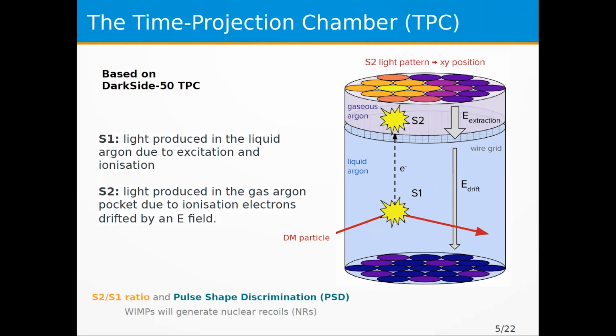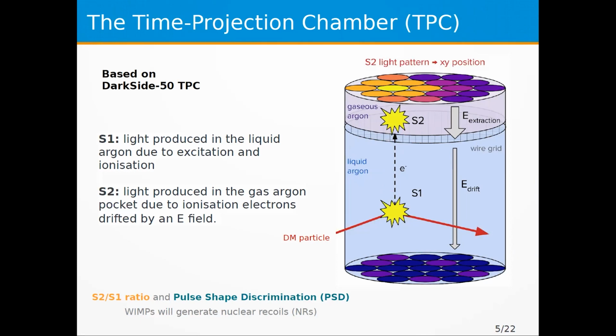Then those electrons that survive recombination are drifted up to the anode here. There is a drift field in the whole TPC chamber, and they are extracted at the border between the liquid phase, which is here, and the gas phase, which is just above. They are extracted at the grid and further amplified with another field. And then they produce a second pulse of light. It's called S2, in the gas pocket.